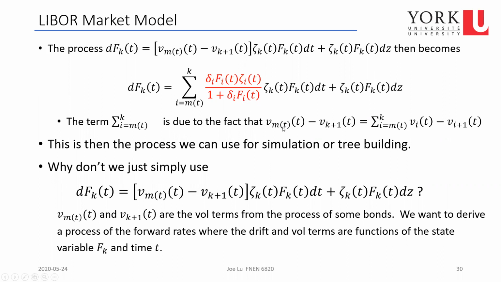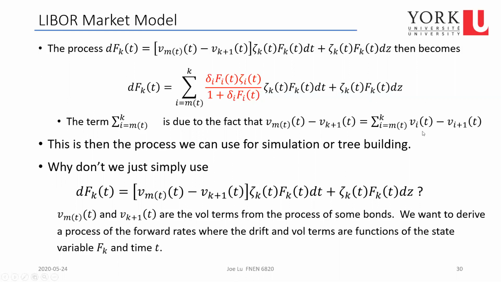If m is equal to 1, then from 1 you have k equal to 2, and then k equal to 3; the drift for that one is really 1 to 2 and 2 to 3.